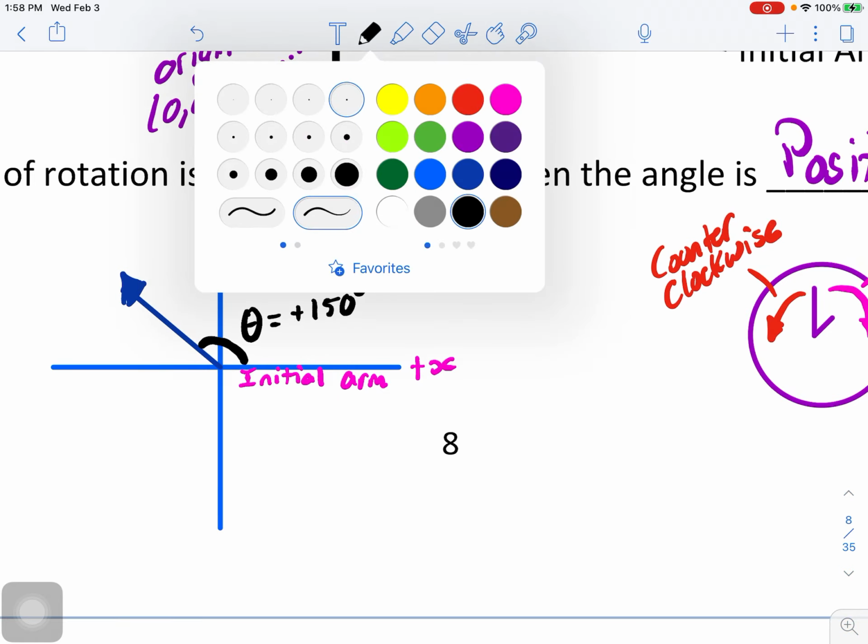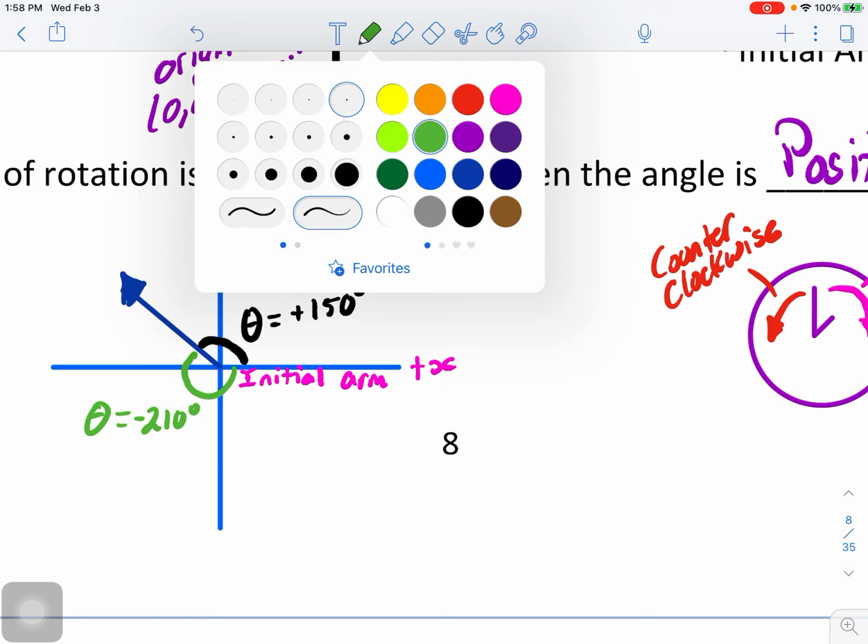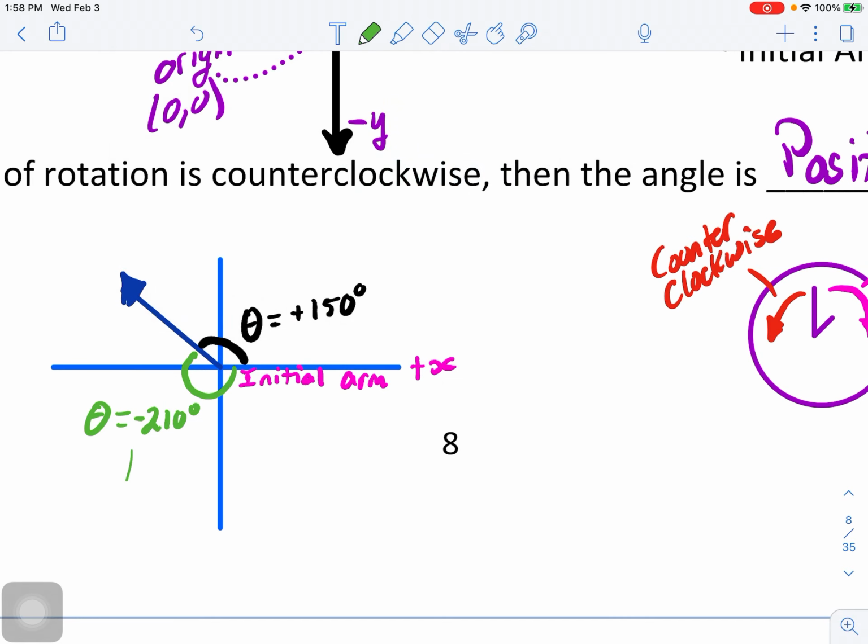If I measured it the other way, from our initial arm this way, this angle would be a little different. This angle would equal, and we'll learn about this later, 360 minus 150. That'll be 210 degrees, but it'll be negative, because we are measuring it clockwise. So that's what we mean by counterclockwise and clockwise.